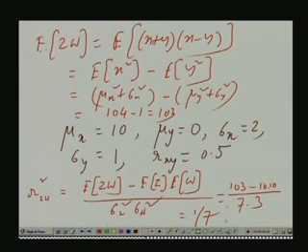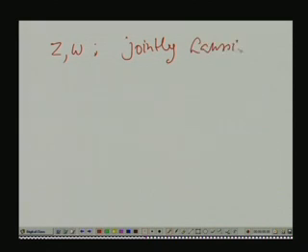That means, in short, we can say they are jointly Gaussian, like this. N stands for normal, and normal is the same as Gaussian. Firstly, the mean: the mean of z is 10, the mean of w is 10.